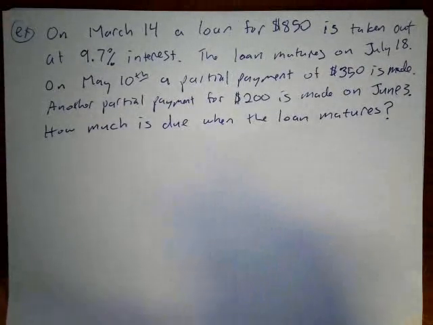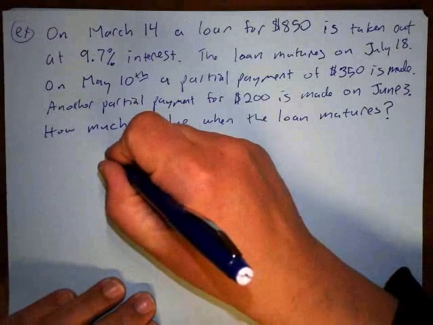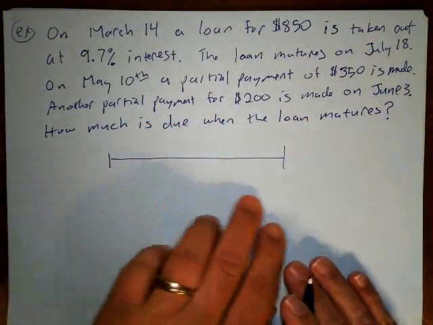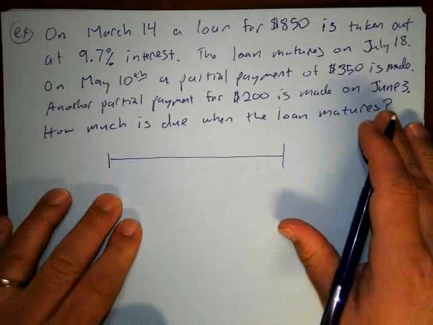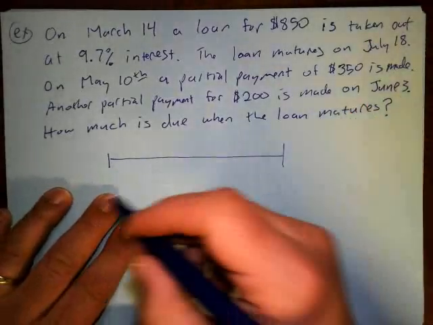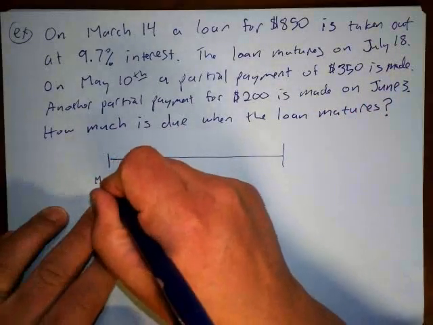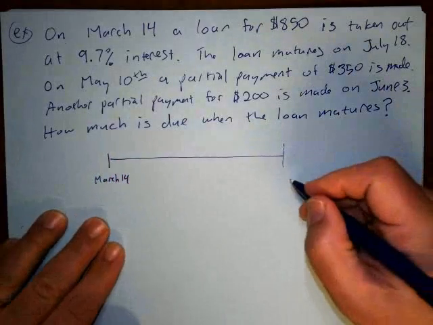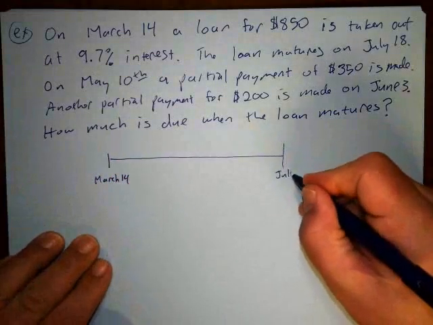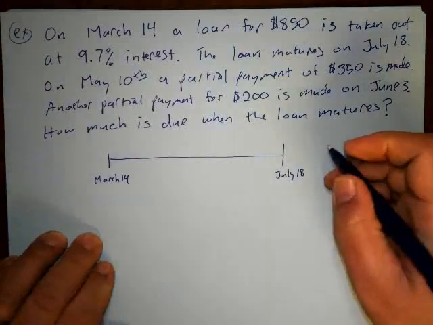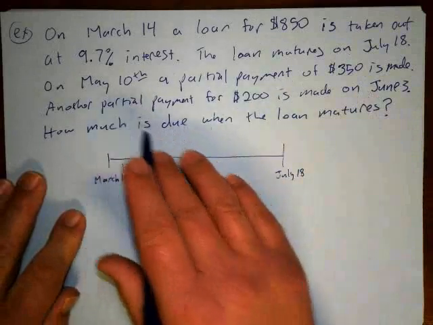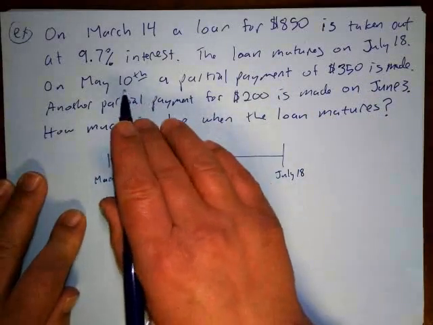So let's go ahead and see how to do one of these, okay? Maybe I'll make my timeline a little bit bigger because there's two partial payments. And I'm going to put the starting date of the loan on this side, the ending date over here. And then there's two partial payments. So I'm going to put each of these here in the right order.